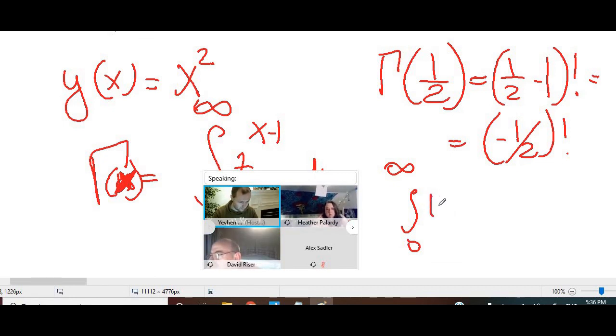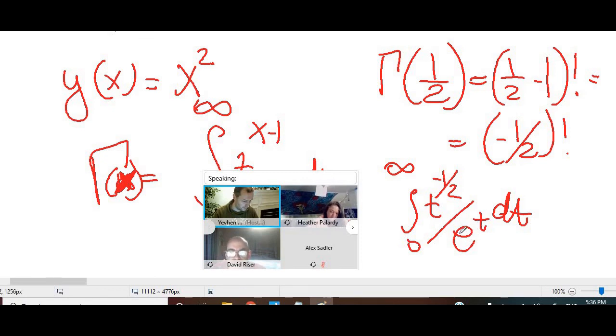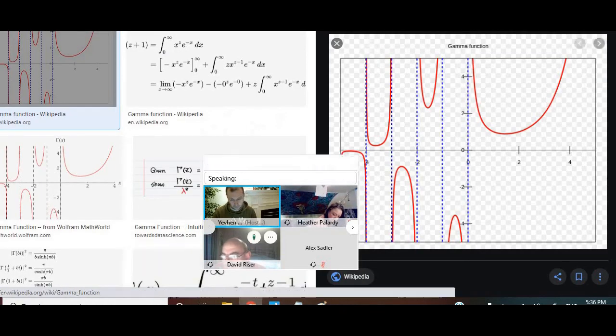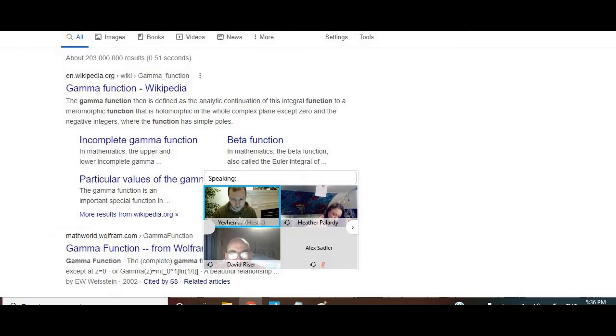You would have t to the power 1/2 divided by e to the t, dt. You can do integration by parts here. I would recommend setting the denominator as u, and then you can massage it out. But you can also go to Wolfram and type in gamma of a half.